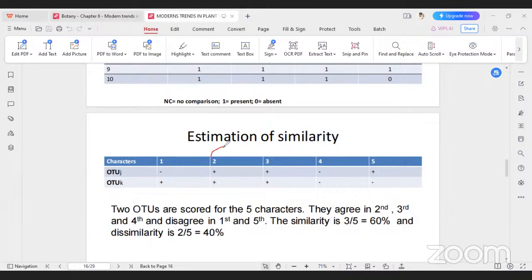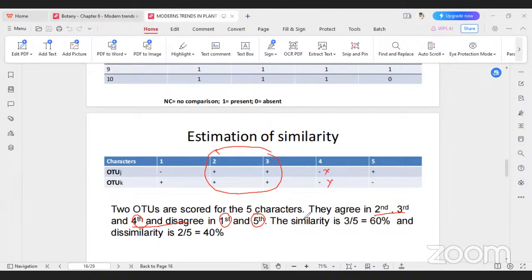In two and three, all characters are present, second and third. Fourth disagrees.